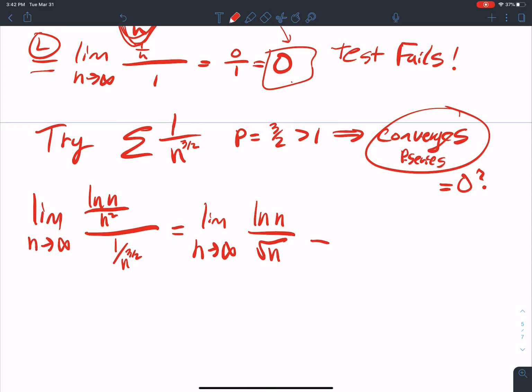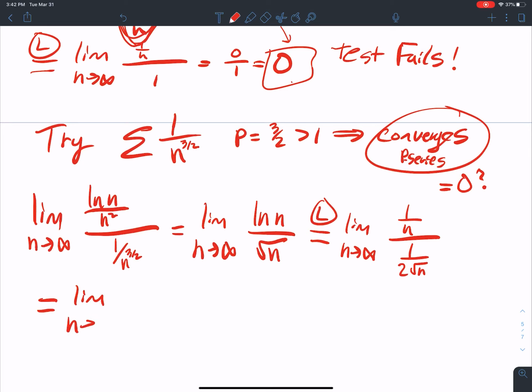I can use L'Hopital's rule here, take the derivative of the numerator and the denominator. What do I get? I get 1 over n divided by 1 over 2 root n. Keep change flip. I have 2 over the square root of n, right? And so this is going to end up giving me 0.